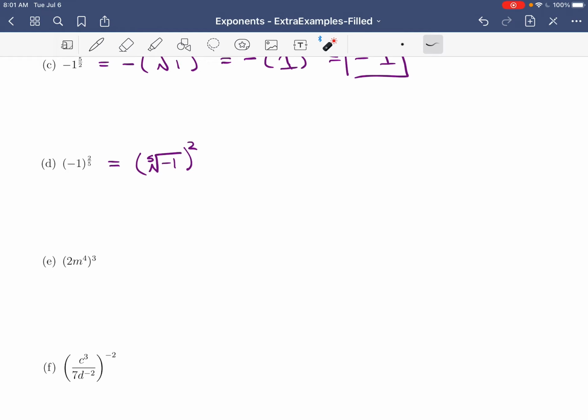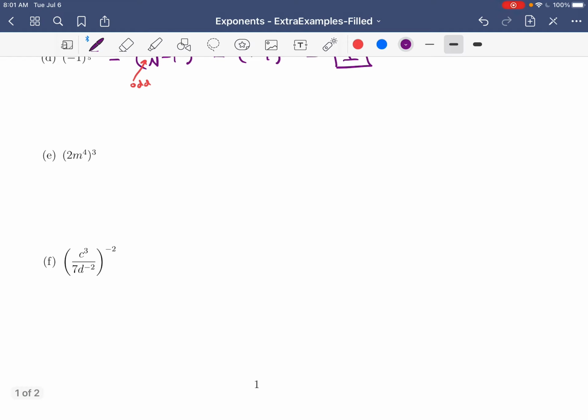Now, is this root defined? Well, yeah, because this is an odd root. And for odd roots, you can have a negative number inside. So the 5th root of negative 1 is just negative 1. And then when I square that, I get a positive 1.